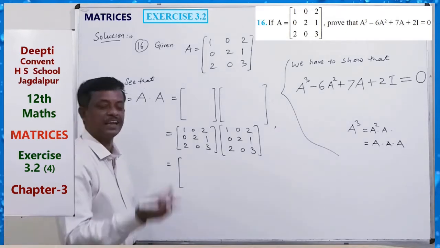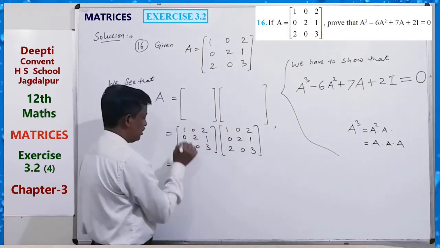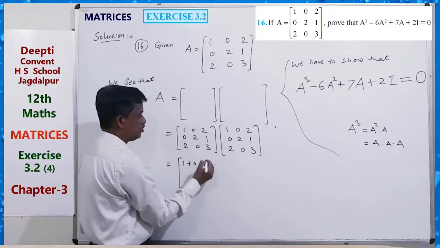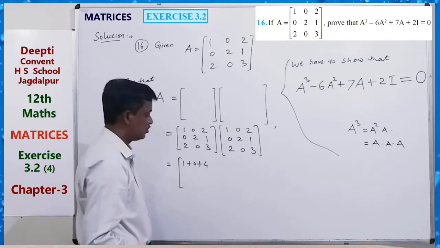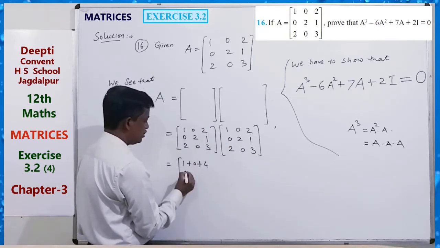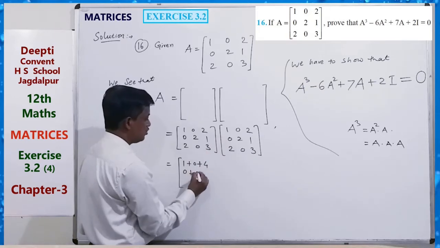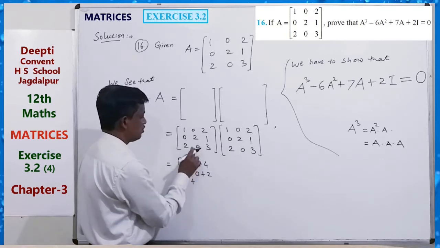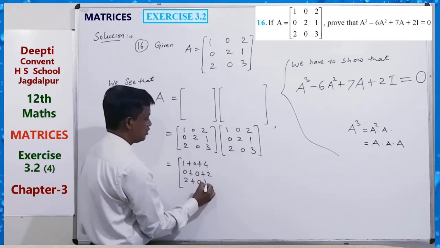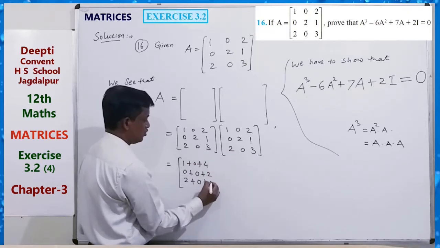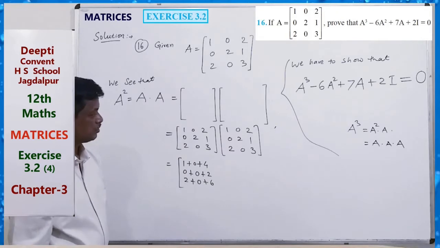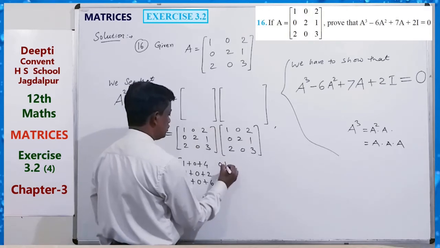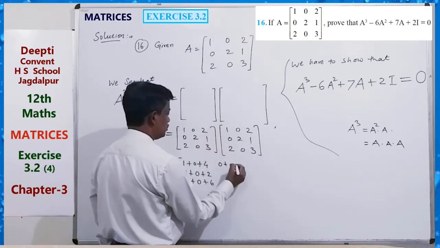We can write it directly by calculating. 1 into 1, 1, 0 into 0, 0, 2 into 2, 4. Similarly, 1 into 0, 0, plus 2 into 0, 0, plus 1 into 2, 2, 2 into 1, 2, plus 0 into 0, 0, plus 3 into 2, 6. Similarly 0 into 1, 0, 2 into 0, 0, 0 into 2, 0.